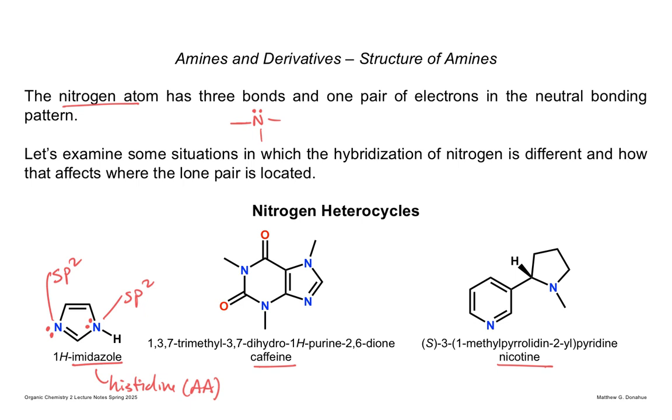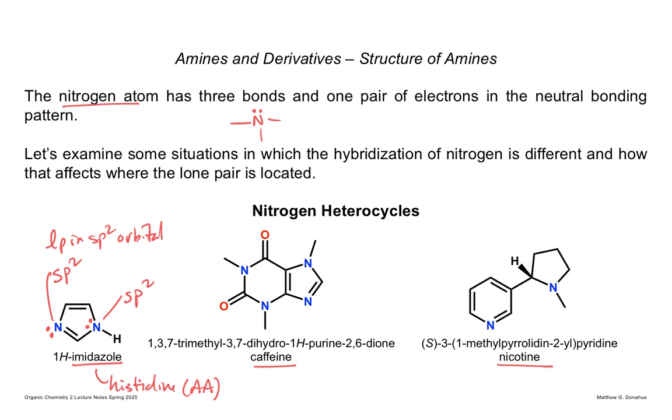So for the nitrogen on the left, the lone pair is in an sp2 hybrid orbital. So sp2 is trigonal planar. That electron pair is in an sp2 hybrid orbital.